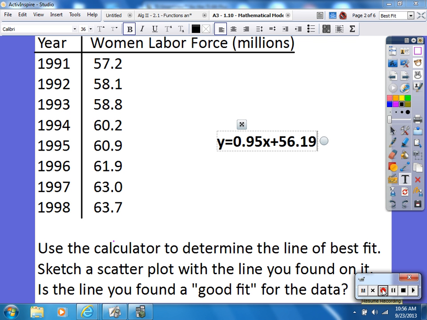All right. So before we go any further, let's actually talk about what these numbers mean. Let's start with the y-intercept, 56.19. What does that mean? That is my y-intercept. What's that mean, though, according to my data? Sparta. 56.19 million when?